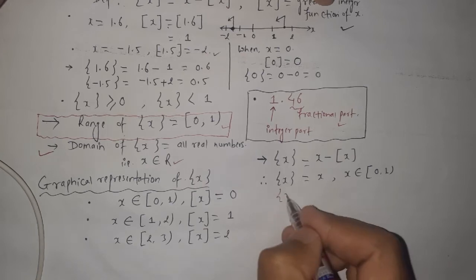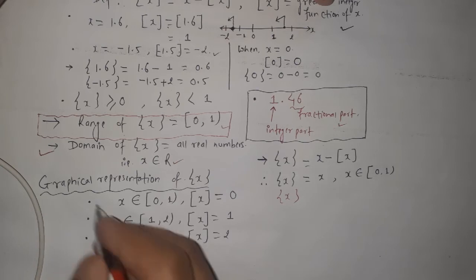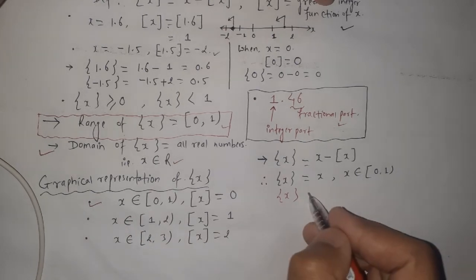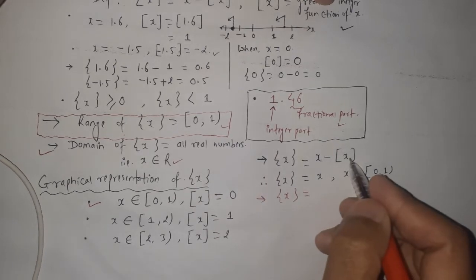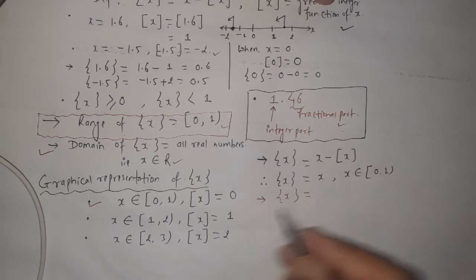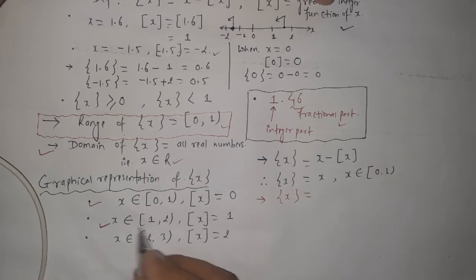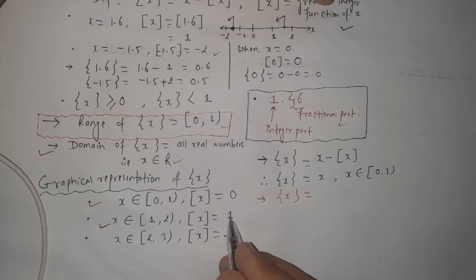Similarly, we can calculate the fractional part function for the other regions. Let's calculate for the second interval. This will be x minus the greatest integer of x. For the interval from 1 to less than 2, the greatest integer function is 1.